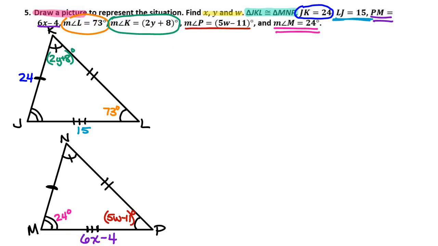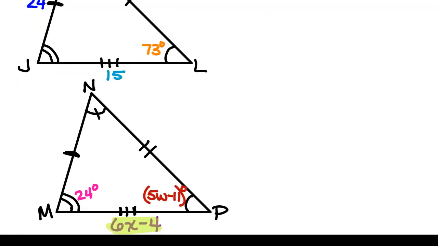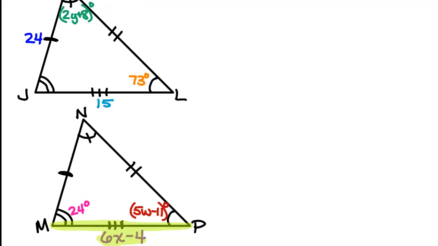Where do you see X in the picture? (6x minus 4) right down here. And that's for segment what? PM or MP right there. What does that correspond to on the other triangle? JL. And how big is JL? 15.